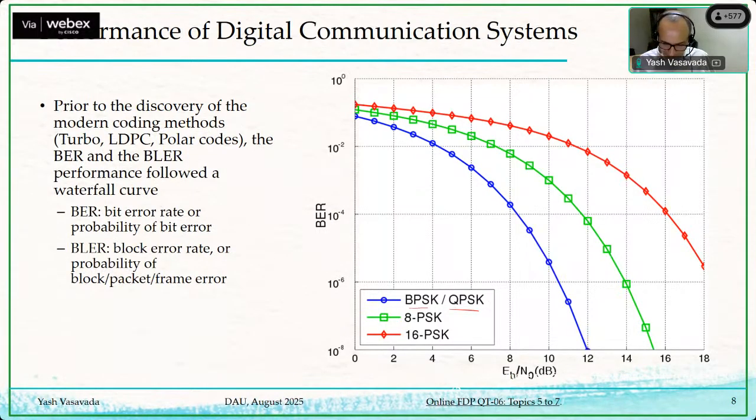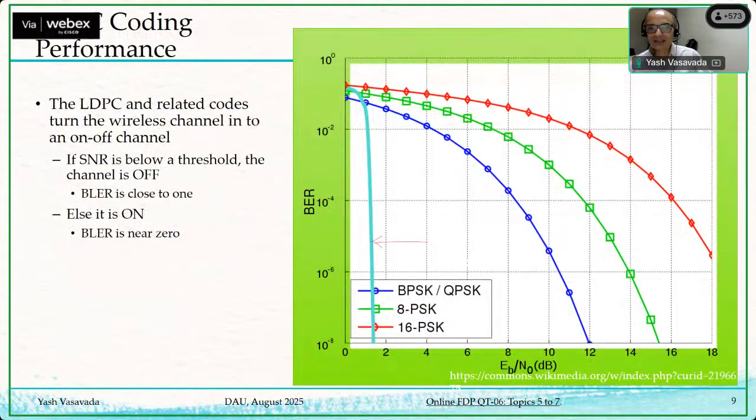Now, remember I just mentioned LDPC codes, briefly, a few minutes back. LDPC codes are a type of noisy channel coding technique that are so nice and so powerful that they make these error rates go down a cliff rather than go down a waterfall.